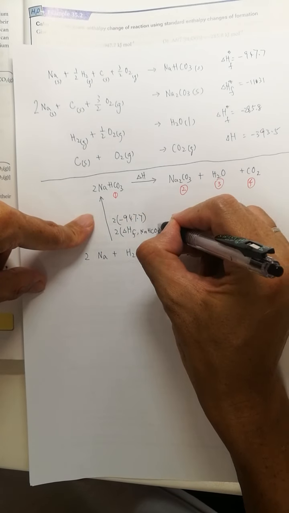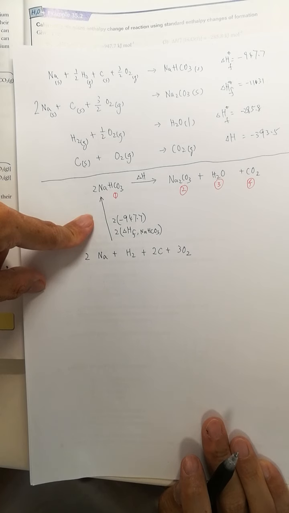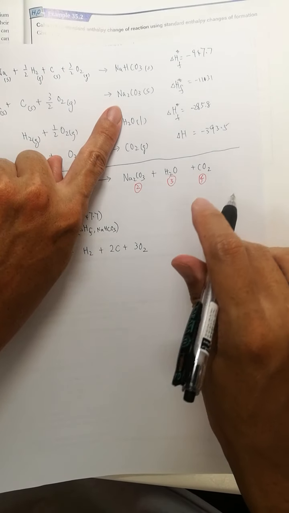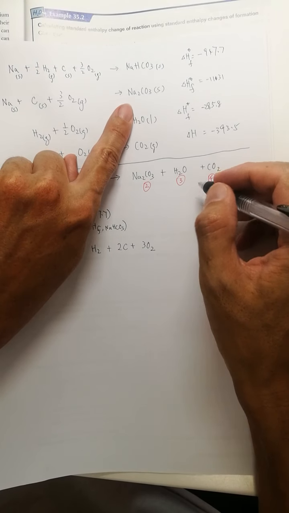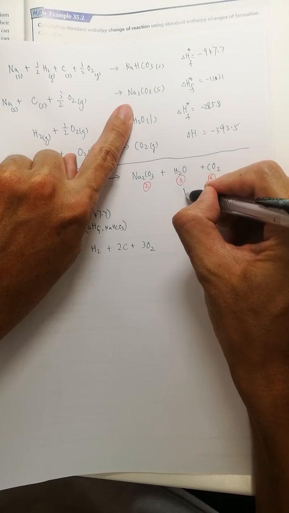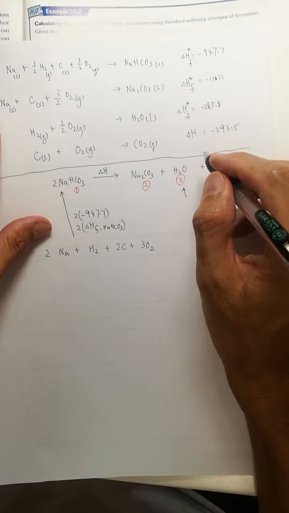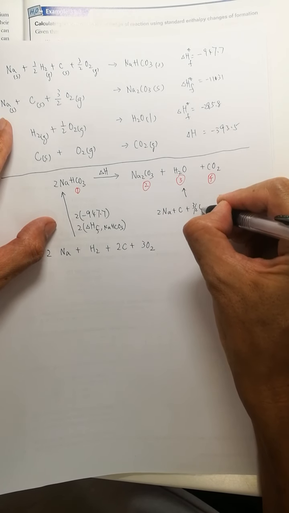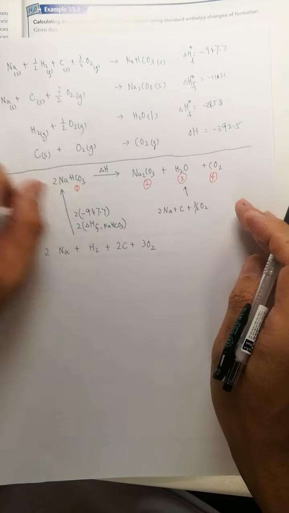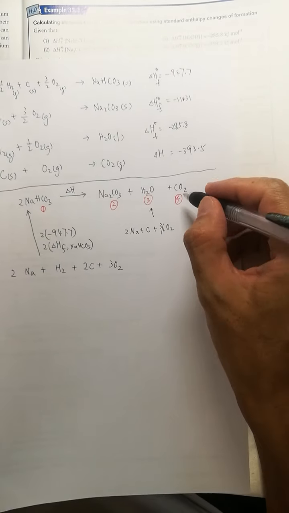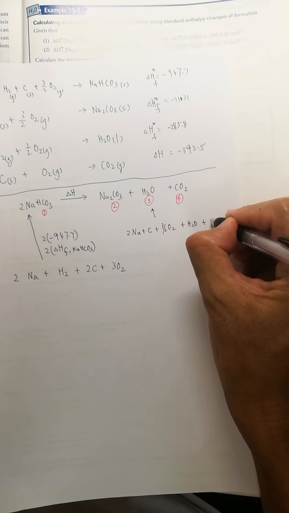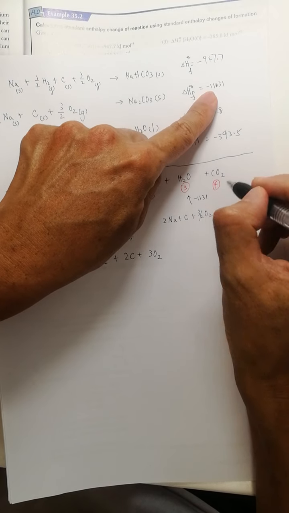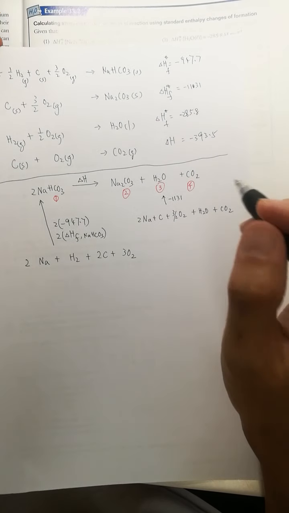Then equation 2 is 2Na, 1C, and 3/2 oxygen, with the water and CO2 remaining unchanged, and the energy is negative 1131 one time only.